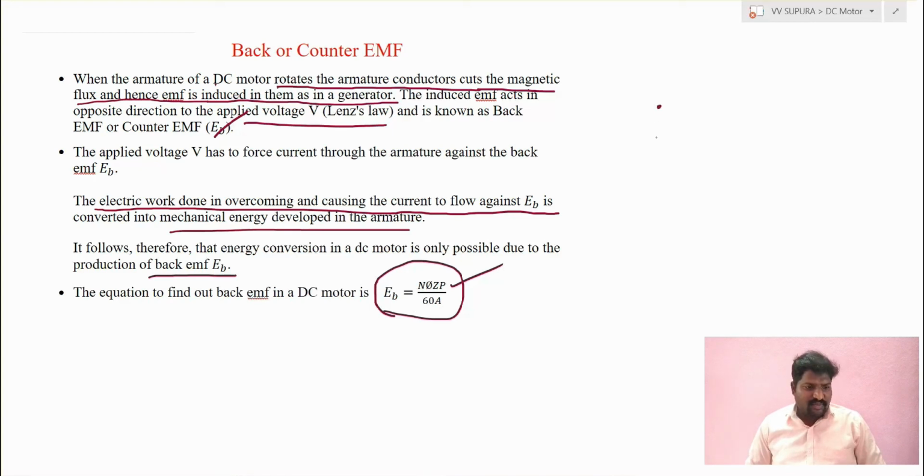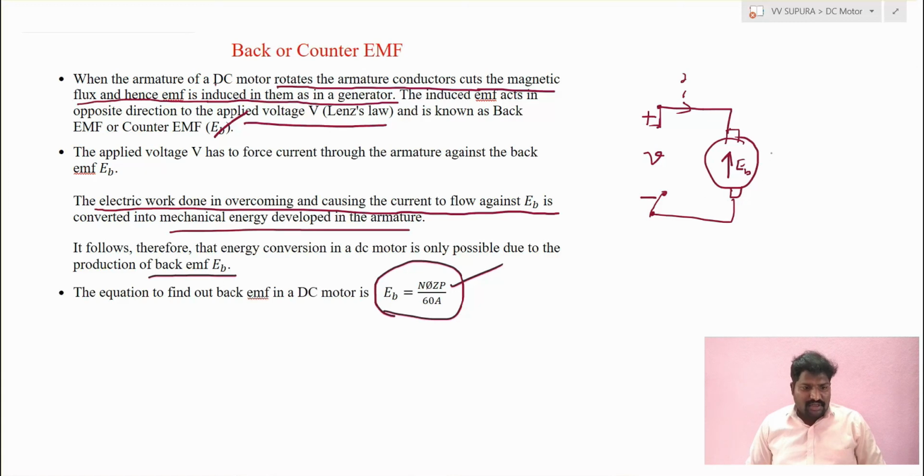If a supply terminal voltage V is given to the motor, some current flows through it, through these brushes. Now in the opposite direction, back EMF will be generated.